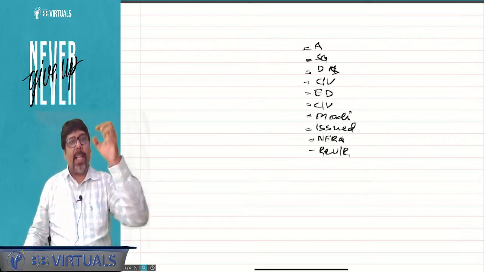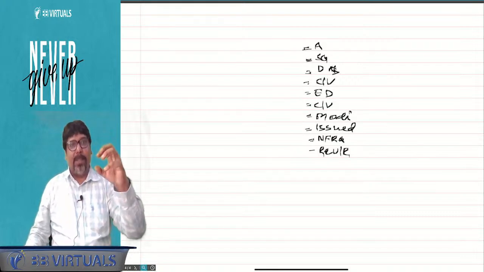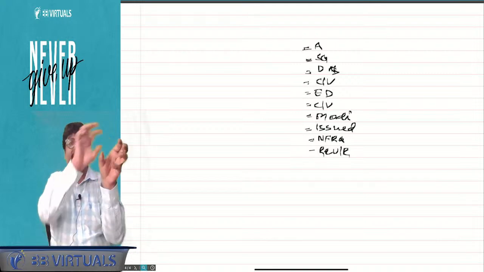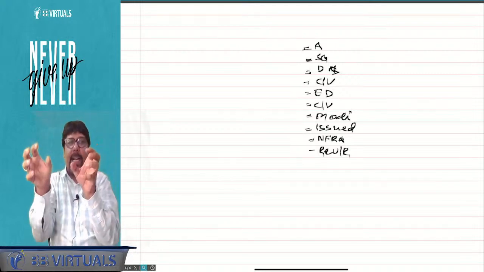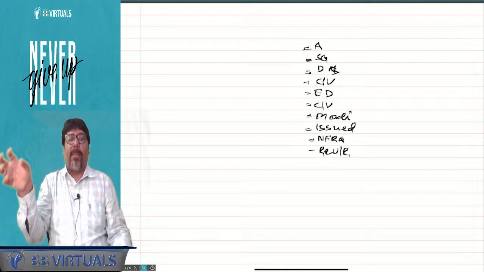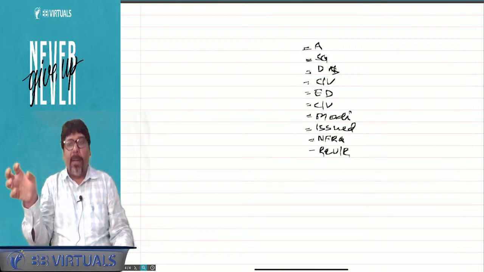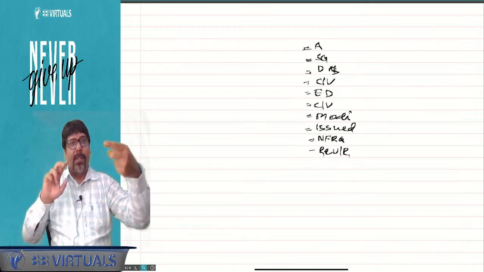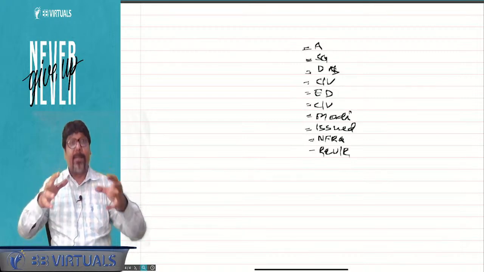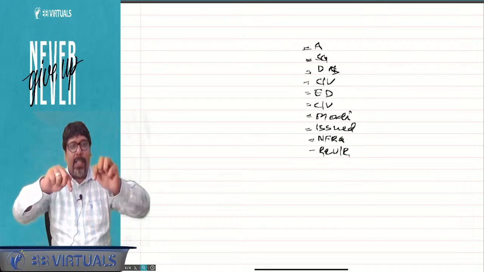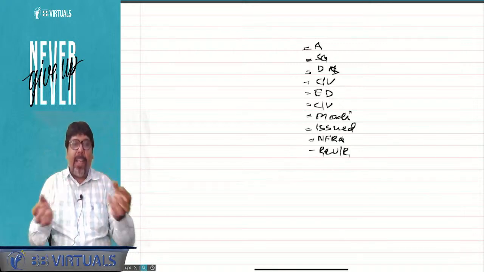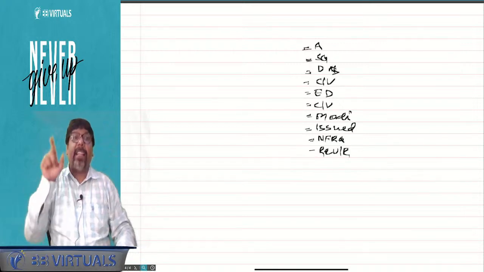So first is area or issue, then group, then draft. Draft के बाद comments and views. First the issue, then find out the group who will study that issue and create a draft AS. Then the draft AS is put for comments and views. After incorporating those, there is the exposure draft.